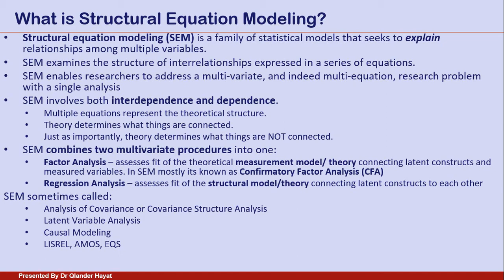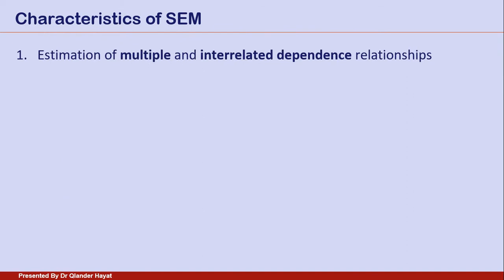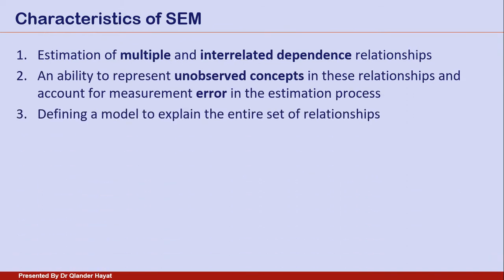These are the three software packages which can be used to analyze data in terms of structural equation modeling. Now, what are the distinct characteristics of SEM? When we talk about the characteristics of SEM, estimation of multiple and interrelated dependence relationships is analyzed in SEM.